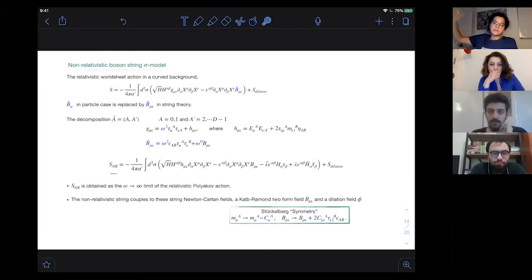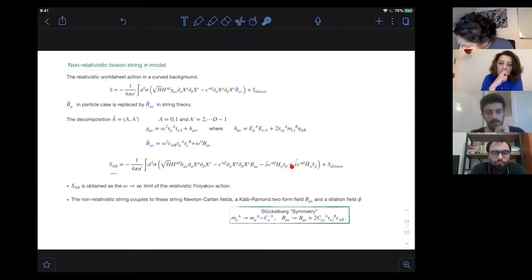I end up with an omega squared leading Lagrangian, and to deal with this divergent term, I introduce Lagrange multipliers. You see this finite action, and what I'm saying is that this is the analog of the particle action in the string case.